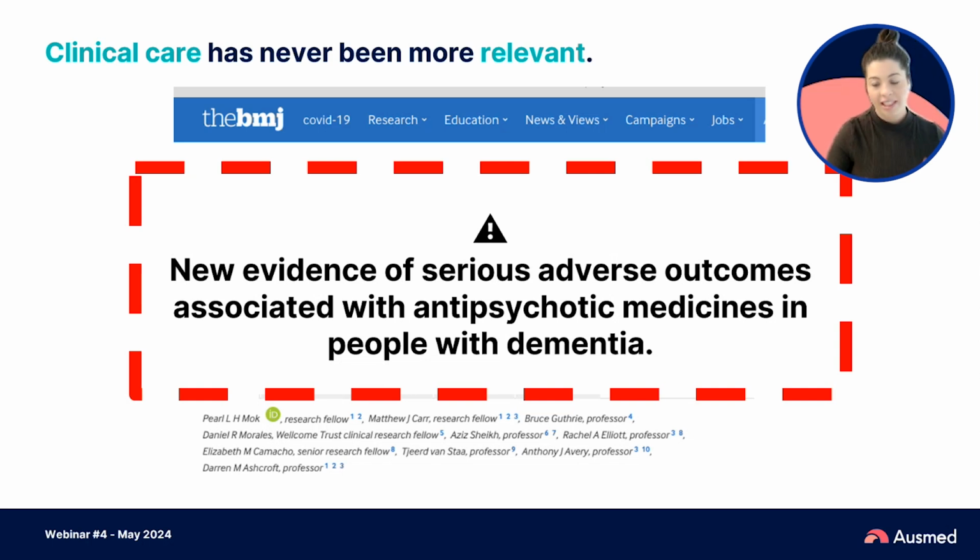And I can't stress enough that there is now very good quality evidence that demonstrates the incidence of serious adverse outcomes associated with these medicines in people with dementia. So we need good quality education to prevent harm in this group of people.